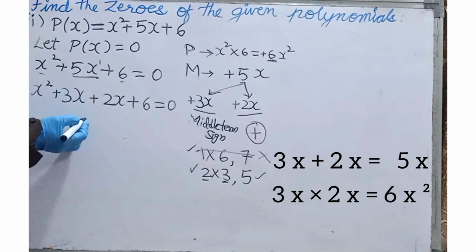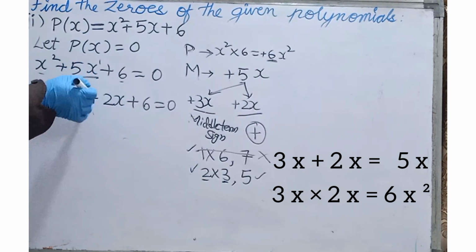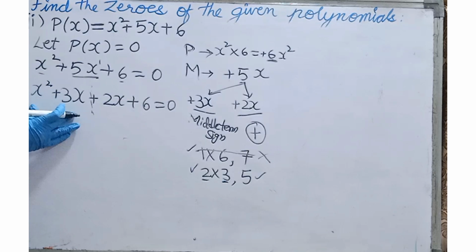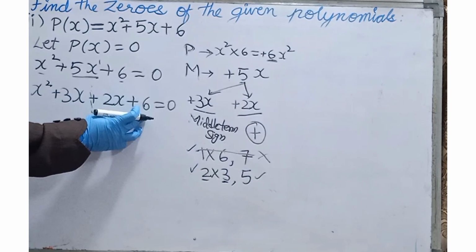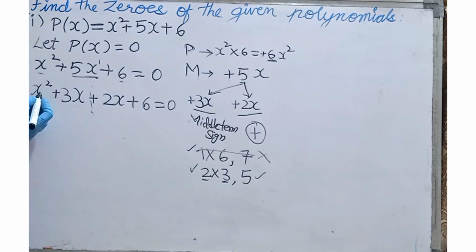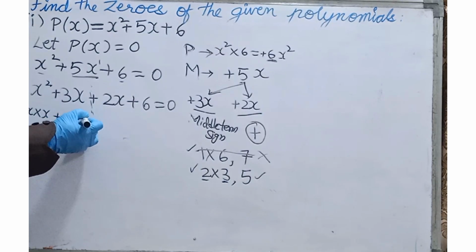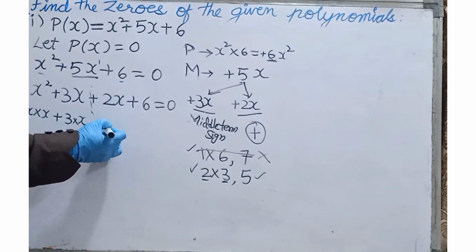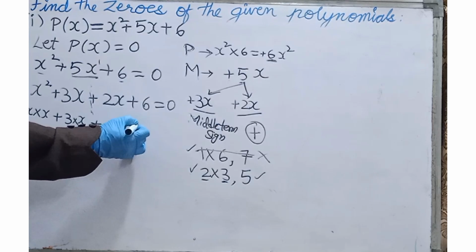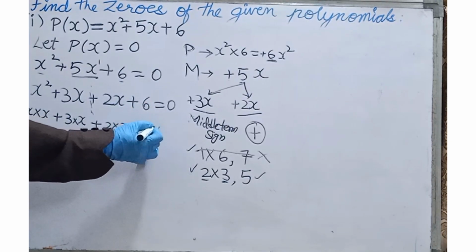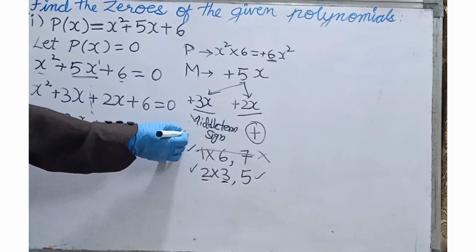Now this thing we will divide in two portions, for your understanding. Here one part, here one part. Whatever is common in this, we will write here, and whatever is common in these two, we will write here. Then the remaining in the brackets. Here x square means x into x, plus 3 into x, plus 2x will be written as 2 into x, plus 6 will be written as 2 into 3, equal to 0.